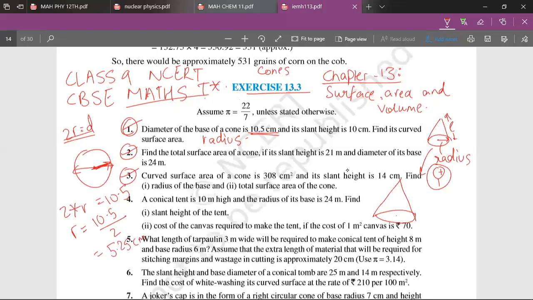Please note that whenever you see questions in surface area and volume, the first thing you should do is always draw a cone, and then enter the dimensions that the question has given you. The second most critical part is to note whether the units the question has given you are the same.